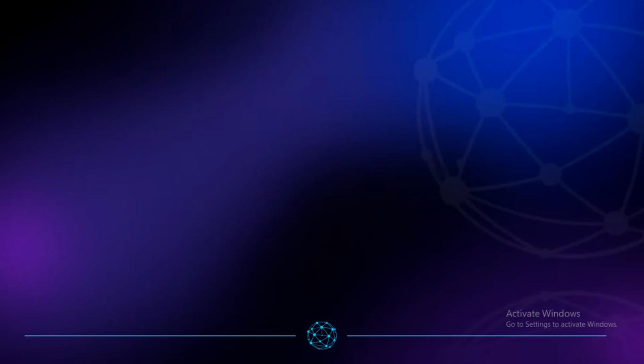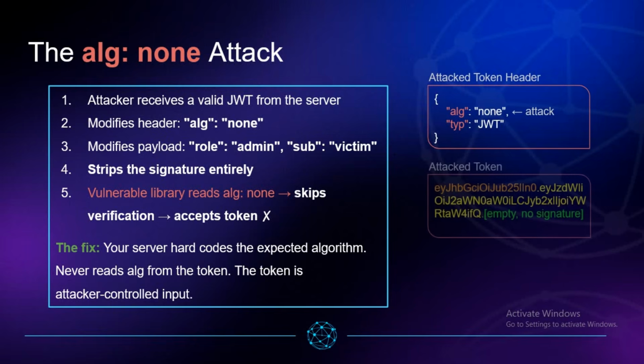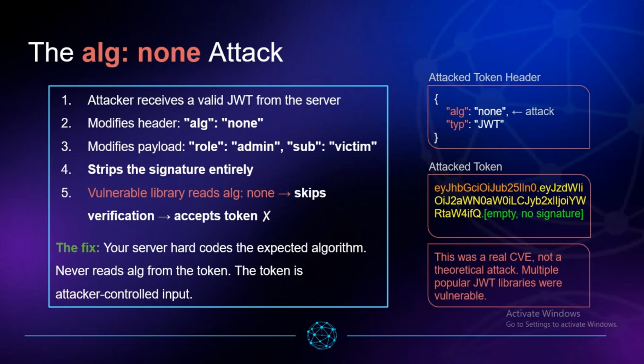Now, those two attacks I teased, and I want you to understand these because both of them exploit the same root mistake, the algorithm none attack. Early versions of several popular JWT libraries, and I mean popular, widely used libraries, had a vulnerability. They read the algorithm from the token header to decide how to verify the signature. So the attacker does this.